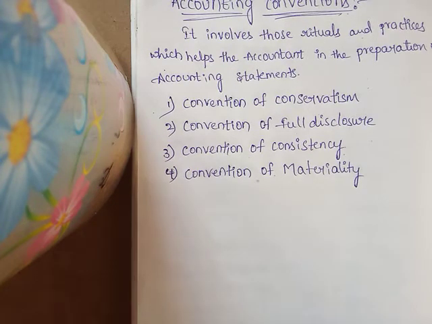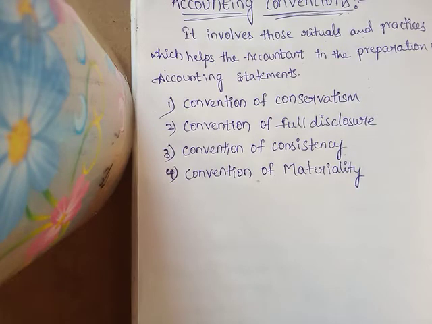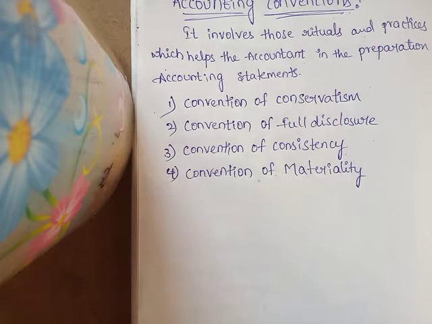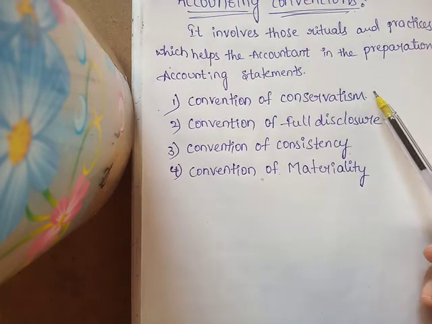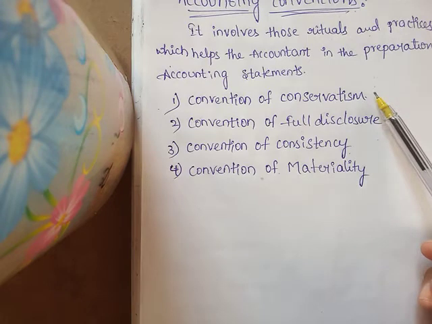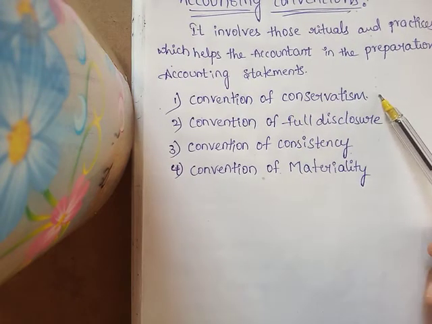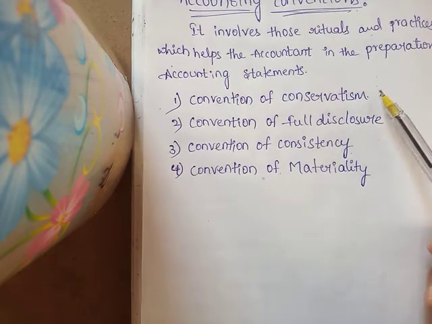Now let us discuss these briefly. Convention of conservatism means what? According to this convention, the accountant must adopt the policy of playing safe.